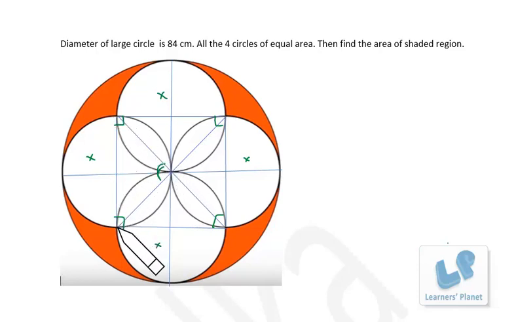So this triangle, just look at this. This angle is 90 degrees, that means the angle in a semicircle is 90 degrees, that means this should be the diameter of the circle, right? So the diameter of the circle is equal to the side of this square. From various concepts we can say that this is a square and this is the diameter of the circle, right?